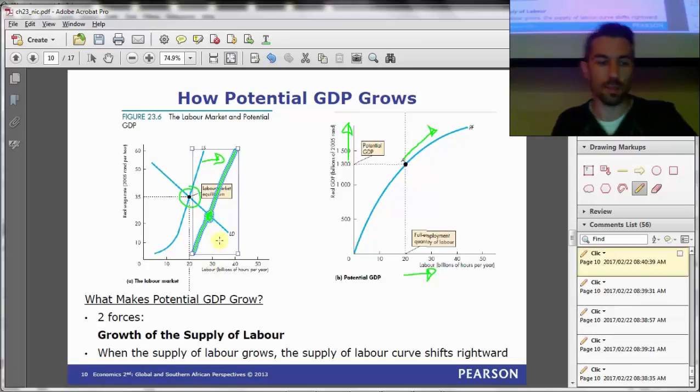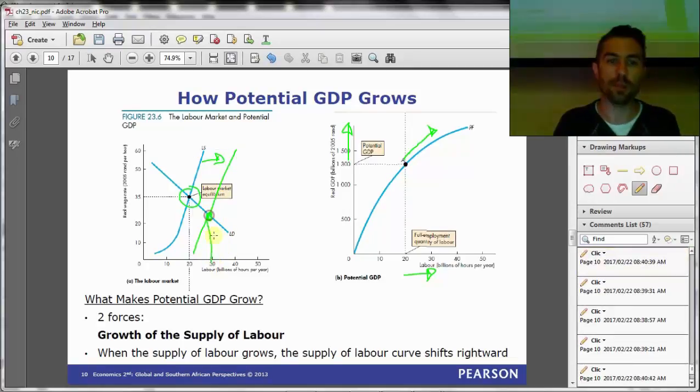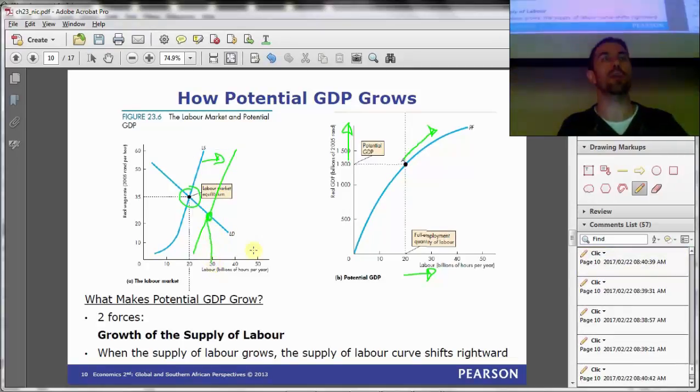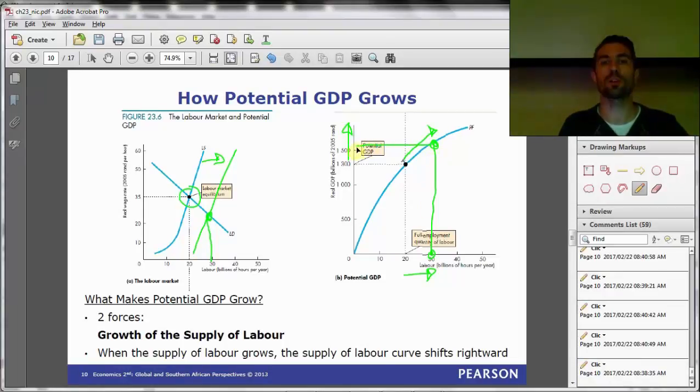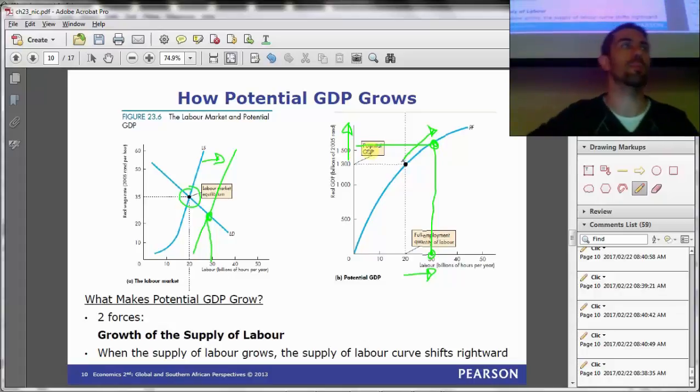Let's say that our equilibrium employment is now 30, which means full employment is now 30. It's a movement up and along our production function. Are you happy then that a higher level of labor quantity employed corresponds to a higher level of potential GDP?